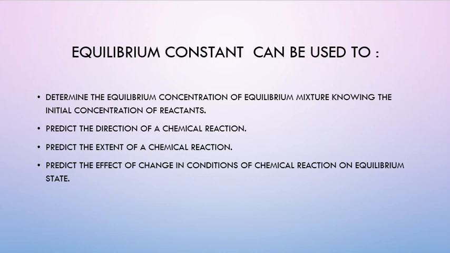So the equilibrium constant for any reaction can be used to predict many important features of a reaction. Number one, it can be used to determine the equilibrium concentration of the equilibrium mixture.